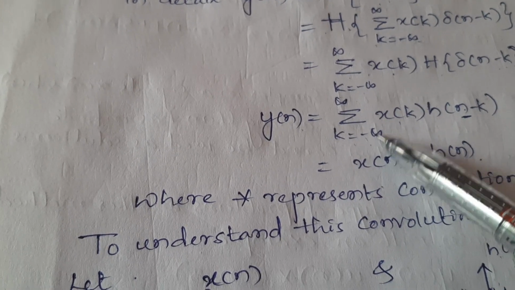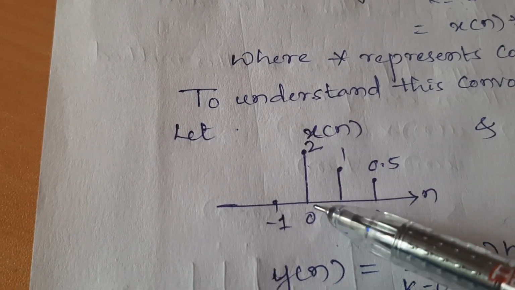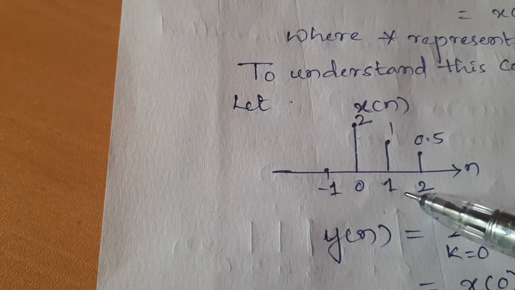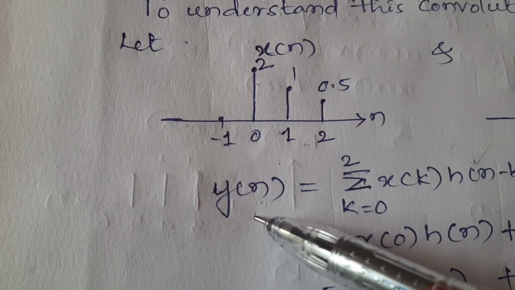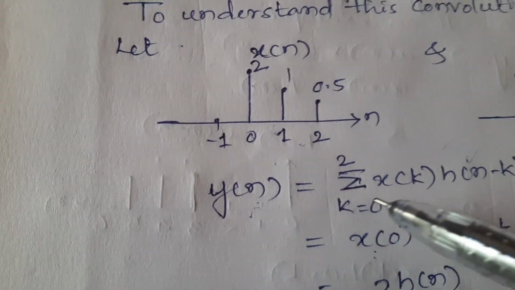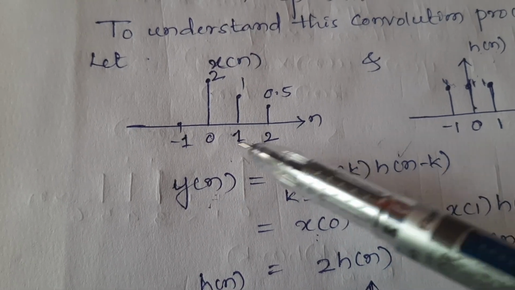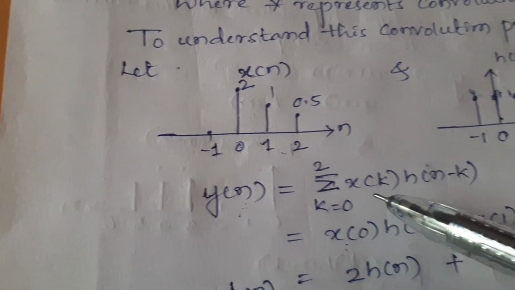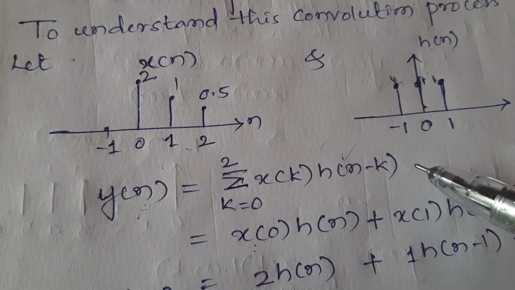Generally we have taken it from -infinity to +infinity, but here our x of n is running from just 0 to 2. So let me expand. Let's take the equation for convolution. y of n is equal to summation k running from 0 to 2, as our signal runs from 0 to 2, of x of k h of n minus k.